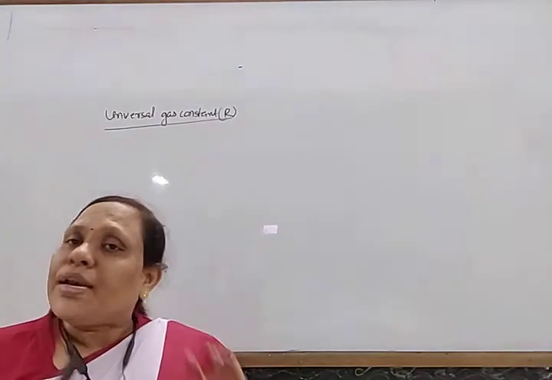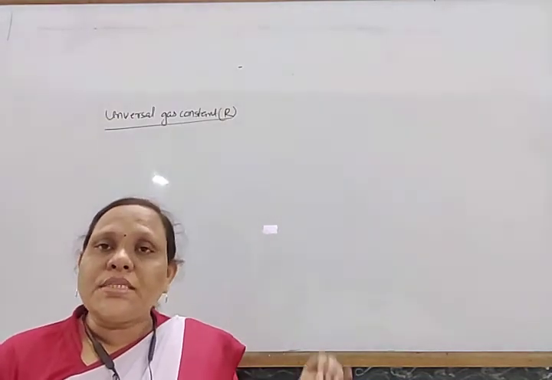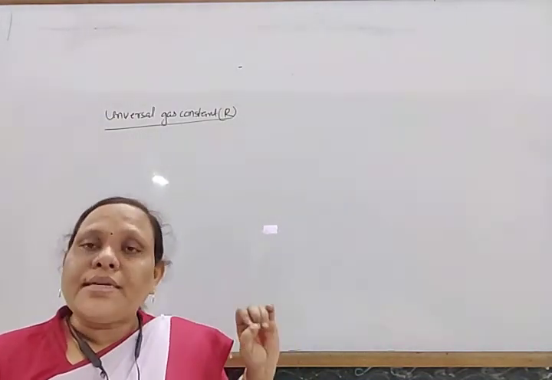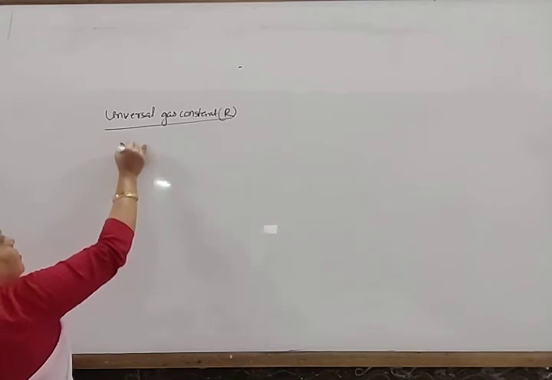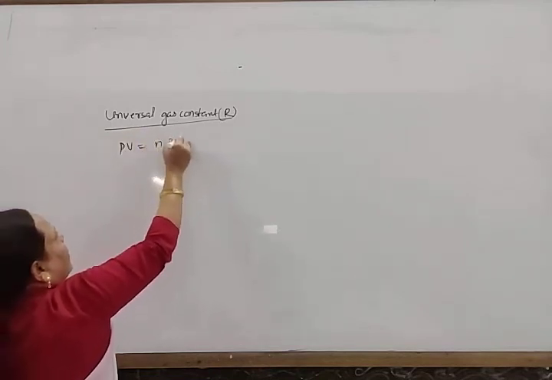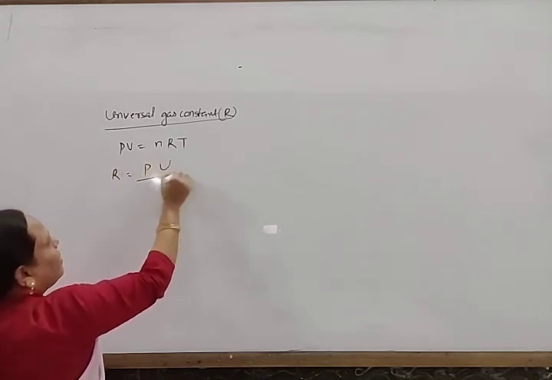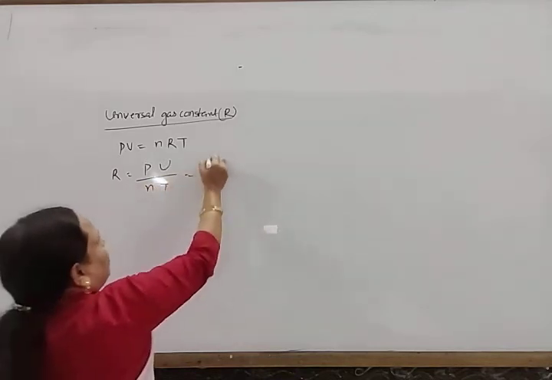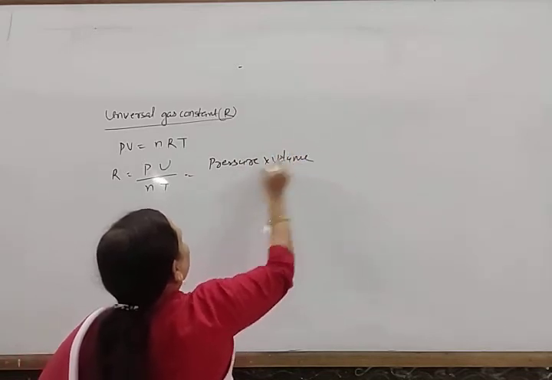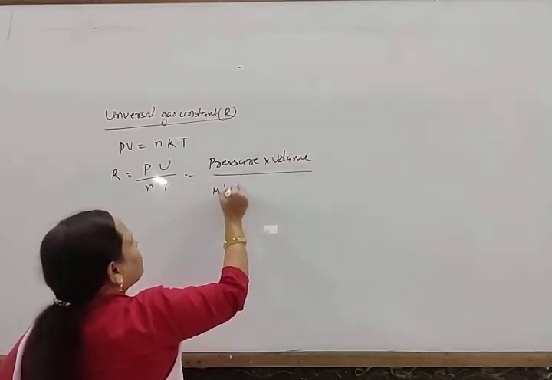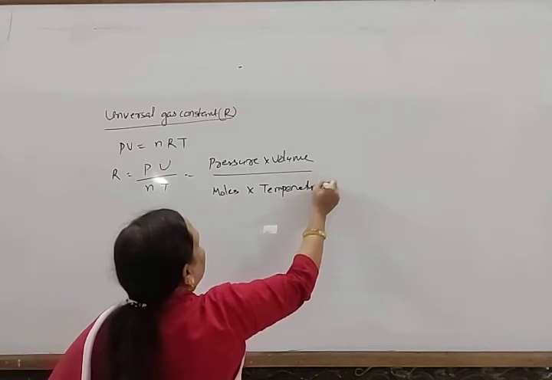From the ideal gas equation PV equal to nRT, R equal to PV by nT, that is pressure times volume divided by moles times temperature.